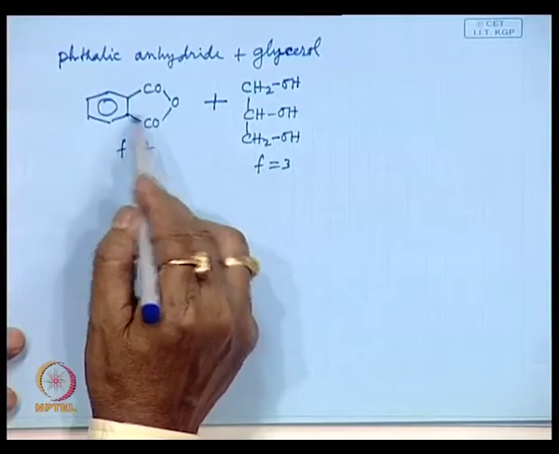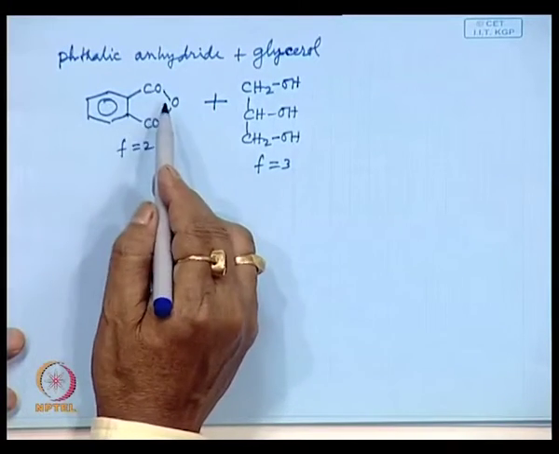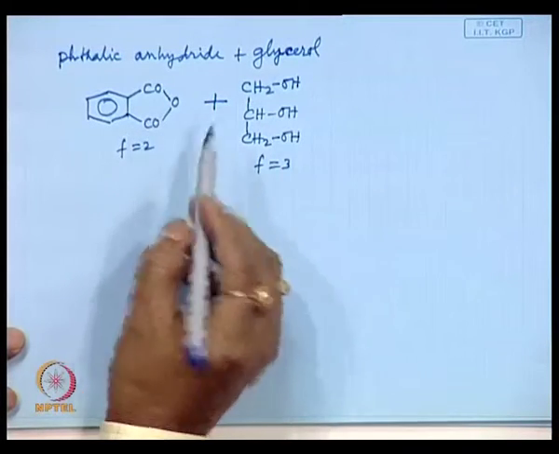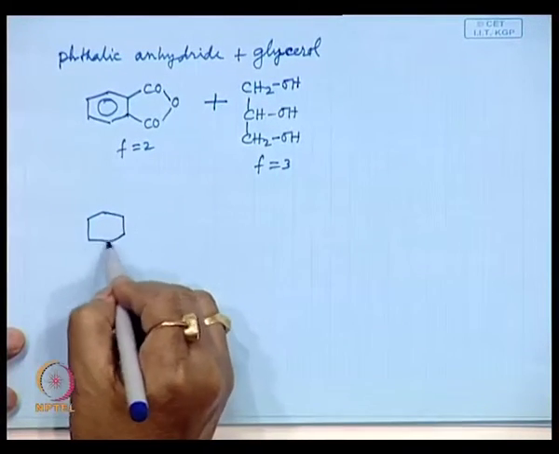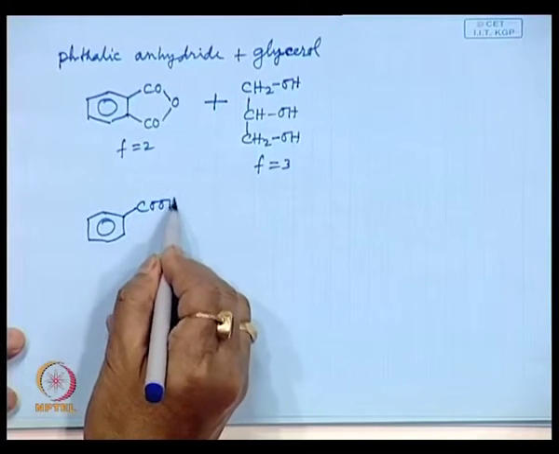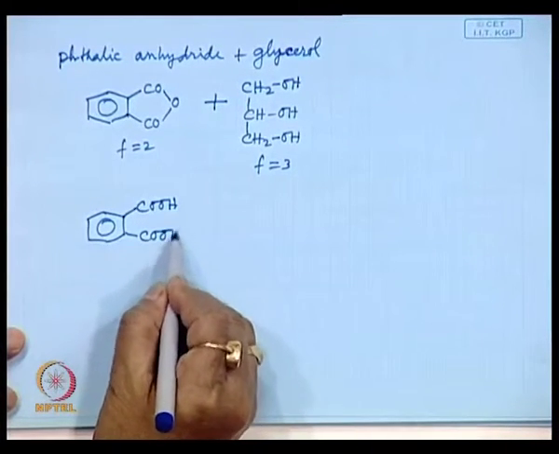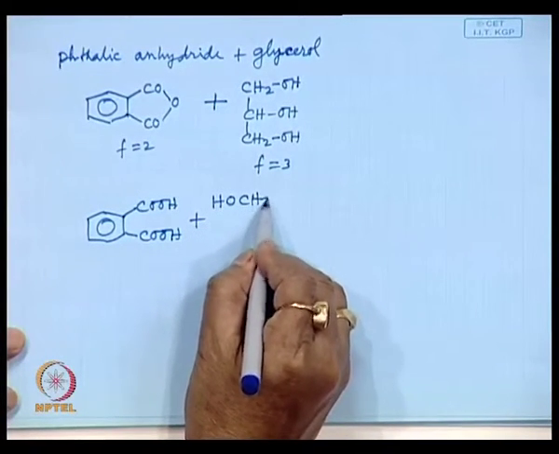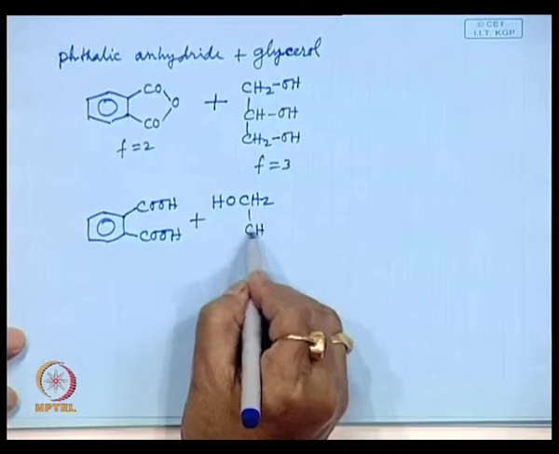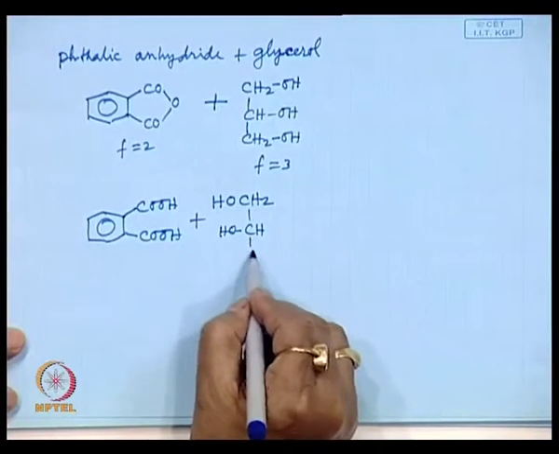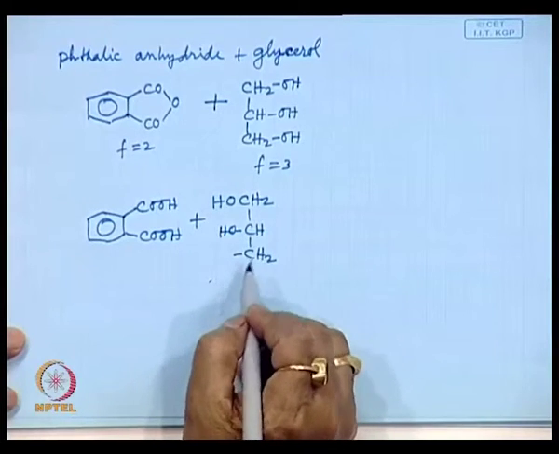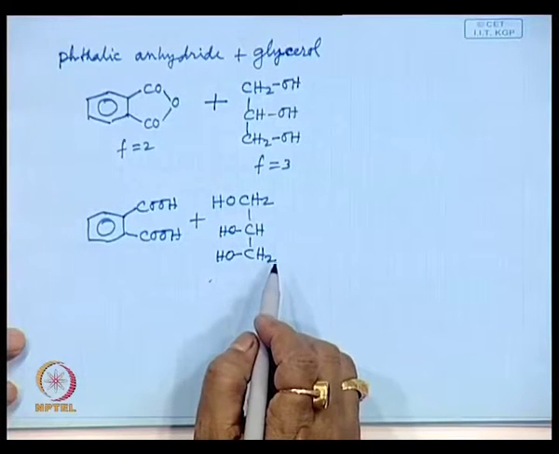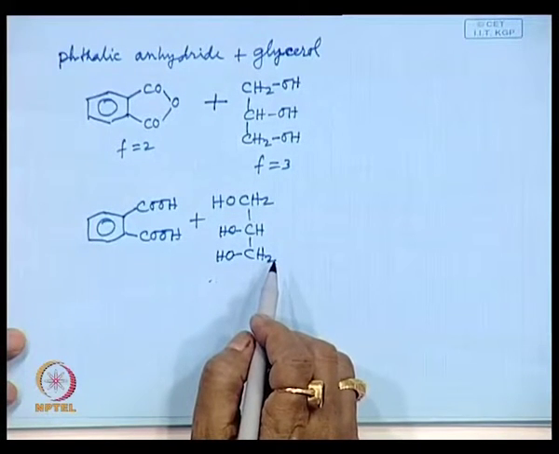Now, if you add water to this compound, this anhydride ring will open, forming two carboxyl groups. So, in effect you will get the diacid. Glycerol is an alcohol, a trifunctional alcohol, a triol.